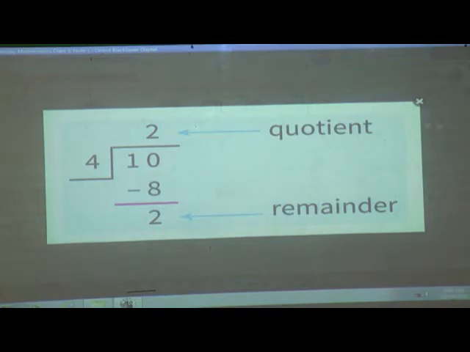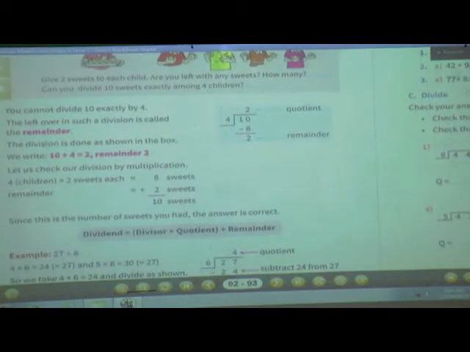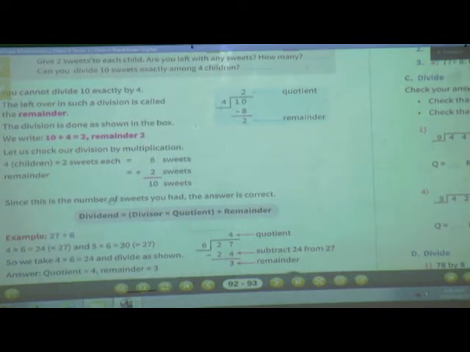Now here is one thing I want to tell you. Since this is the number of sweets you had, the answer is correct. Why? Because 4 children are there and we have divided 10 sweets among them equally. 4 into 2, when we give 2 sweets to each child, is 8 sweets, and after that 2 sweets remain with us.